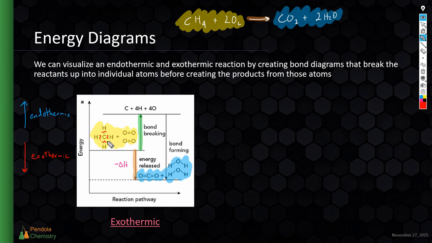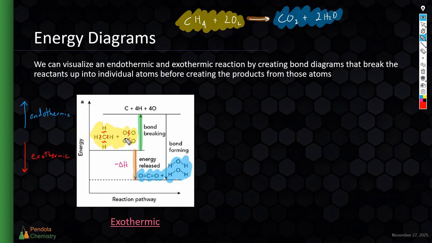So we will be breaking all of these CH bonds in CH4, and then grabbing the two oxygen-oxygen double bonds in oxygen and breaking those. If we do that, what we end up with is just individual atoms. So we can break every single bond in these three molecules, in these reactants, and end up with one carbon atom, 4 hydrogen atoms, and 4 oxygen atoms.